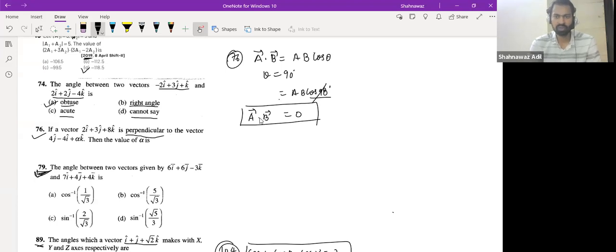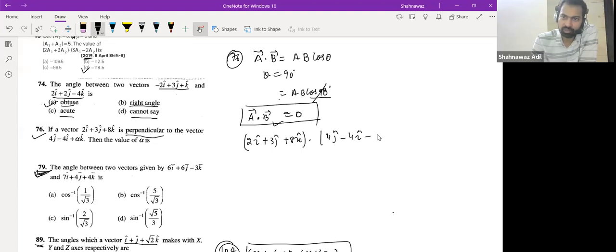So for two vectors to be perpendicular, their dot product has to be 0, right? So now we will use this relation, and we have A, which is 2i plus 3j plus 8k, dot 4j minus 4i plus alpha k.